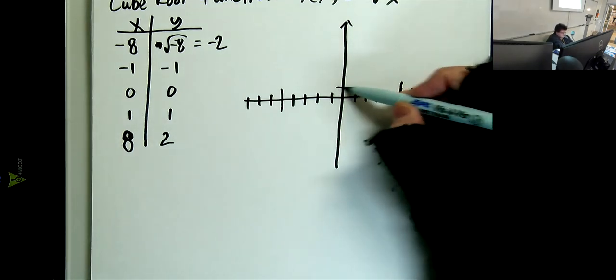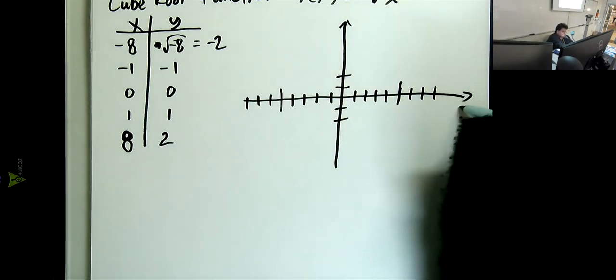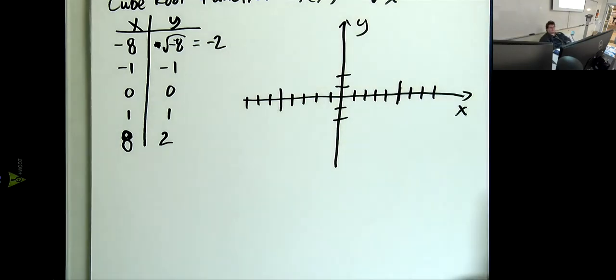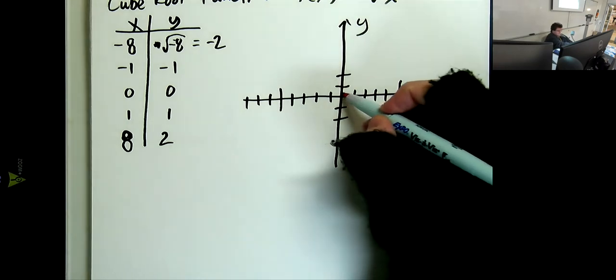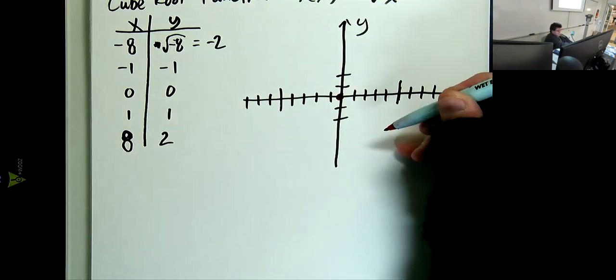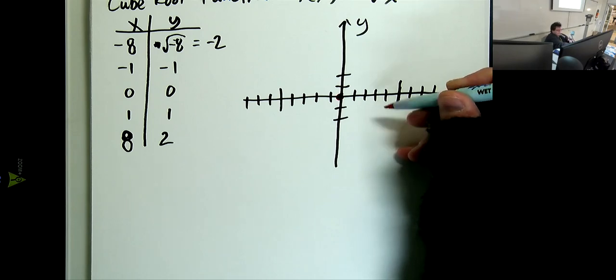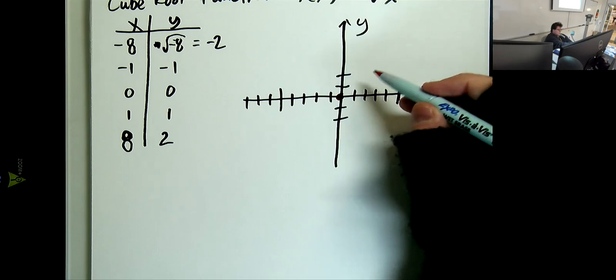Kind of spaces out a little bit more than I meant to. I'll still do my centers and the zeros. And it's kind of like the cube function, except the y's and x's are switched.